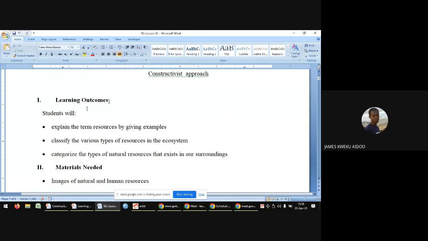So the learning outcomes are the bigger ones, and then the objectives. Let me take an example. Let's say at the end of the lesson, students will know about diffusion or types of transport systems.